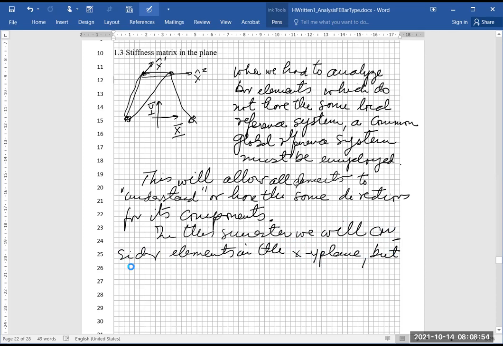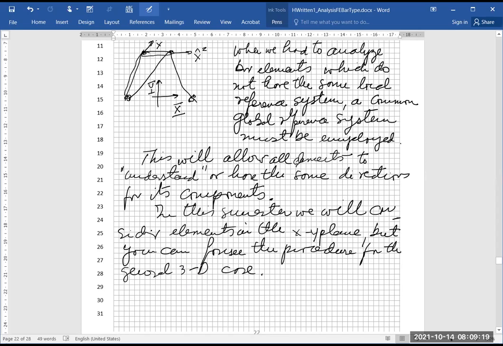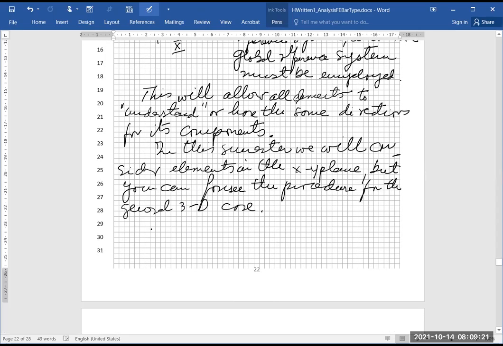But you can foresee the procedure for the general 3D case. Okay, so as I said before, the difference is that in this case, we consider only one angle to relate these two reference systems. In the general 3D case, you have to consider two angles. And of course, the algebra will be more complex, but that's all.